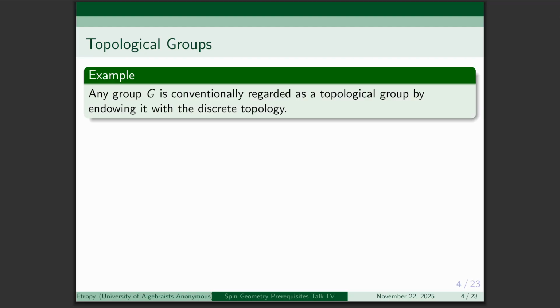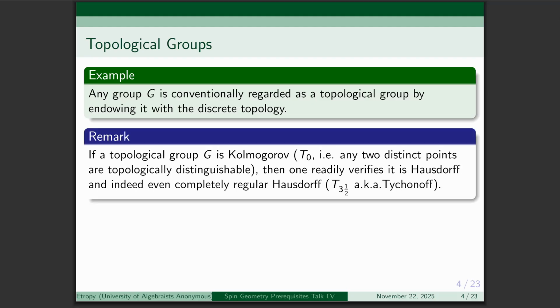Indeed, we can view any group as a discrete topological group simply by taking the discrete topology on the underlying set, and then we see that all the operations are continuous. So this way we can generalize all kind of conventional group theory to topological groups and try to ask the questions in greater generality. So this is what I was getting to a moment earlier.